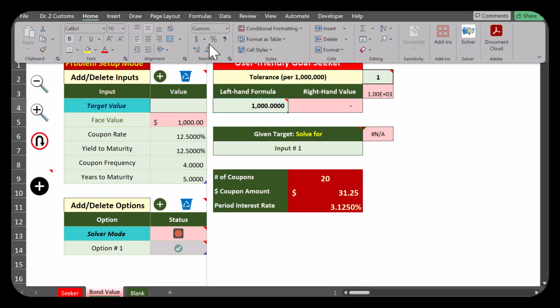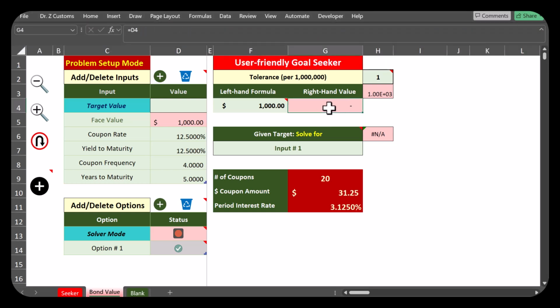This right-hand value is the difference between a target value and the value of the left-hand side formula. That's going to come in handy for later purposes. But right now, I have means to calculate value of any bond. Let me also change this.